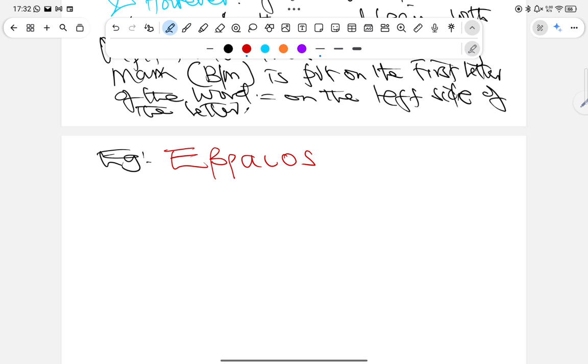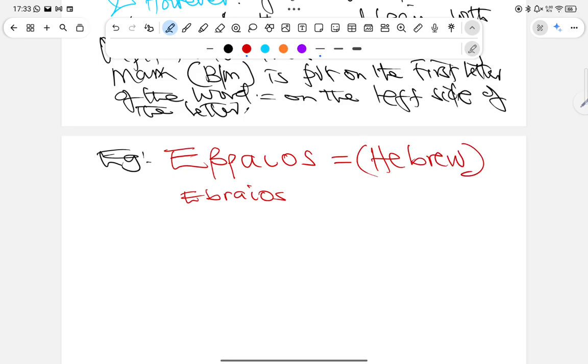First let's do a transliteration: epsilon, beta, which is E-B, rho, which is equivalent to R, alpha A, iota I, omicron O, and S. Hebraios, where we get the word Hebrew.